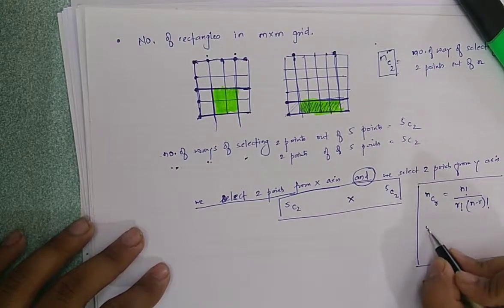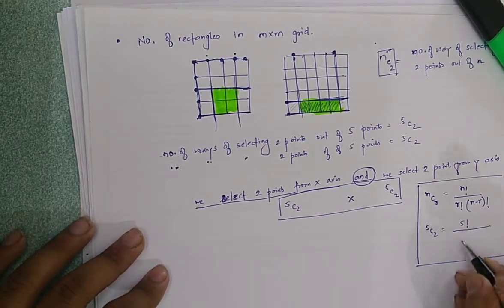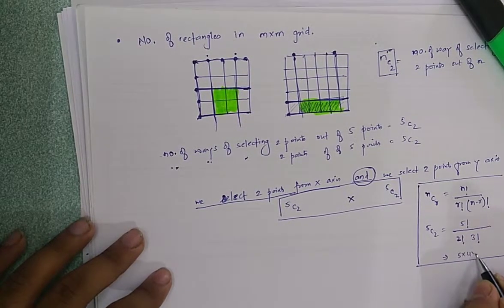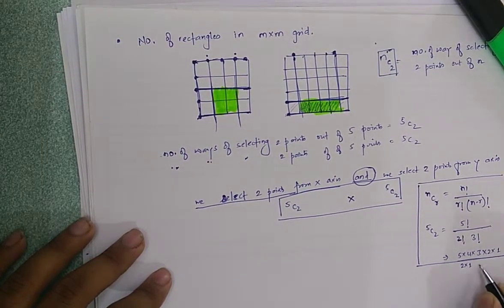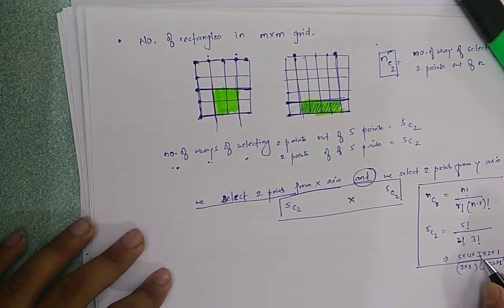So calculating 5C2 is 5 factorial divided by 2 factorial into (5 minus 2) factorial, which is 3 factorial. 5 factorial can be written as 5 into 4 into 3 into 2 into 1. 2 factorial can be written as 2 into 1. 3 factorial can be written as 3 into 2 into 1.